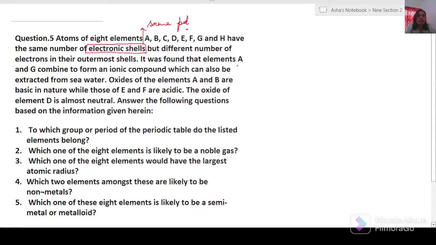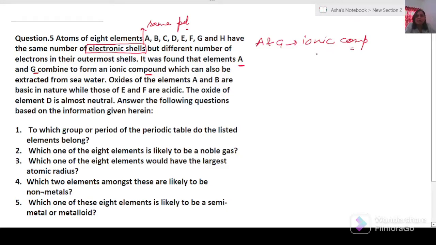It was found that elements A and G combine to form an ionic compound. That is, they are in the ionic state, or they can easily come into the ionic state, and that is why they form the ionic compound.